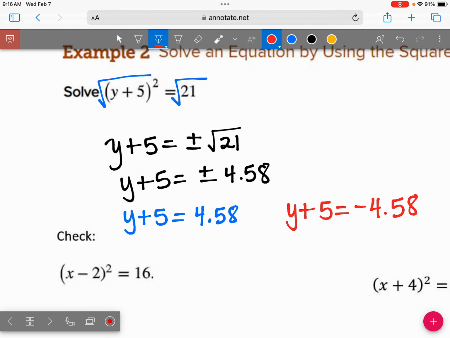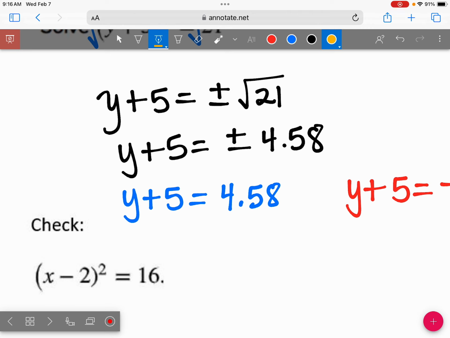Now we only have to do this if it's not a perfect square. So how do you solve both of these for y? What are you going to do? Because it says y plus 5. And what's the opposite of adding? Subtracting. So let's subtract the 5.